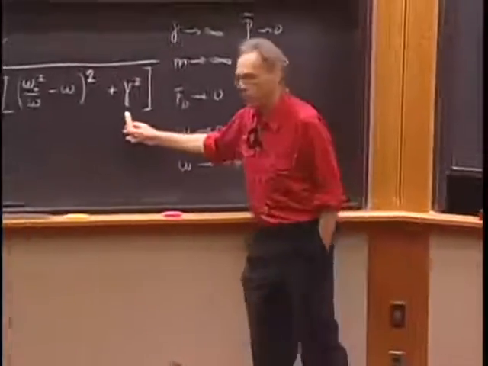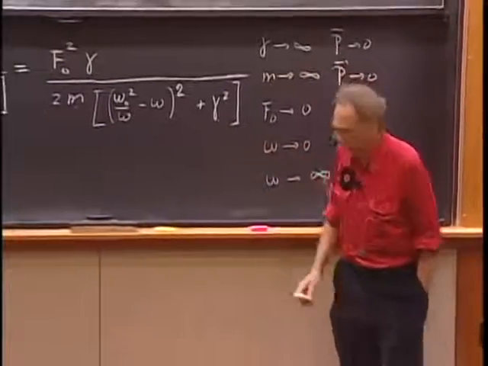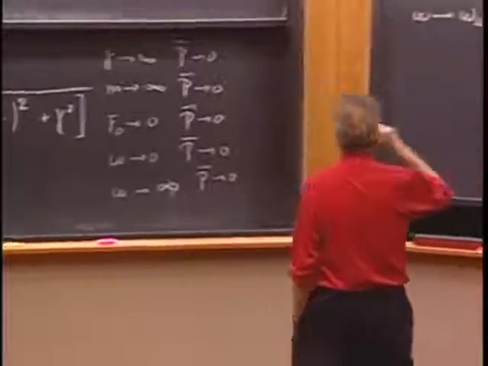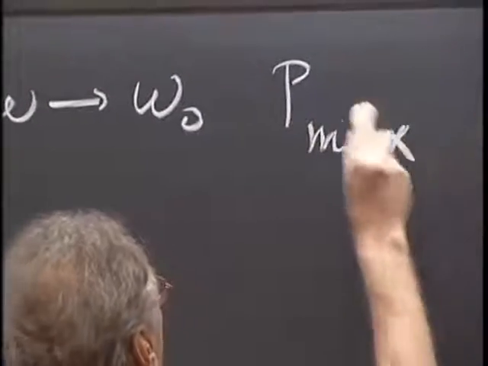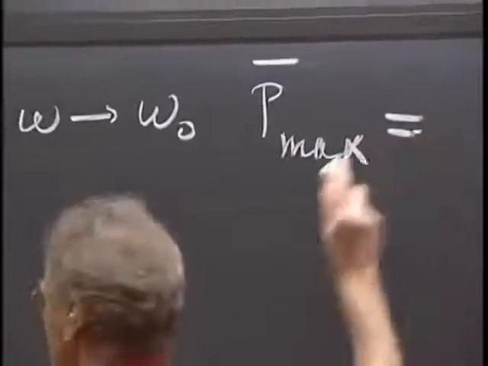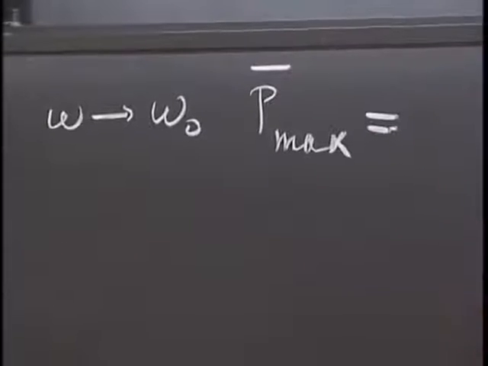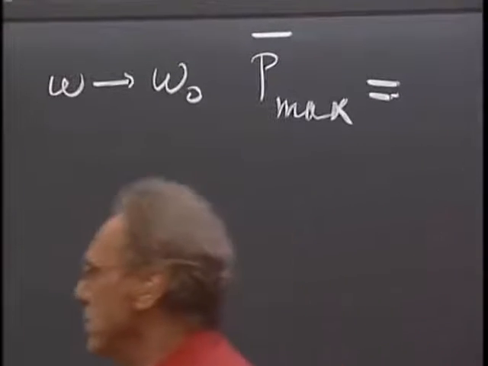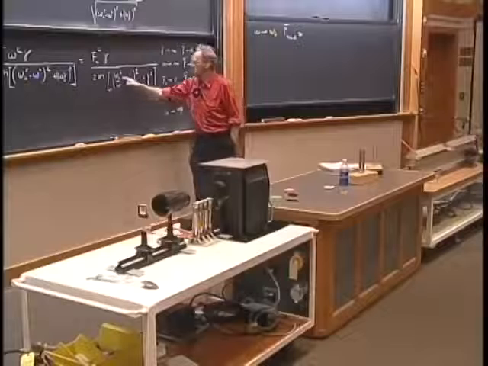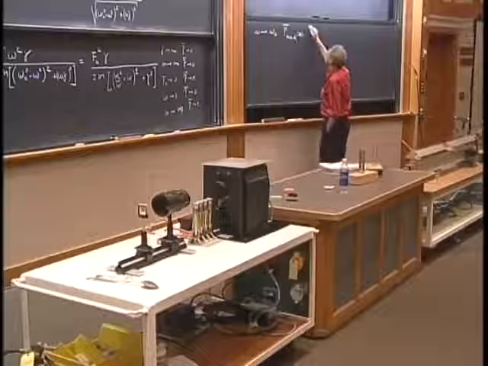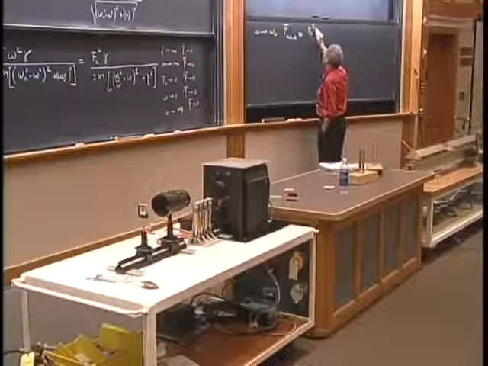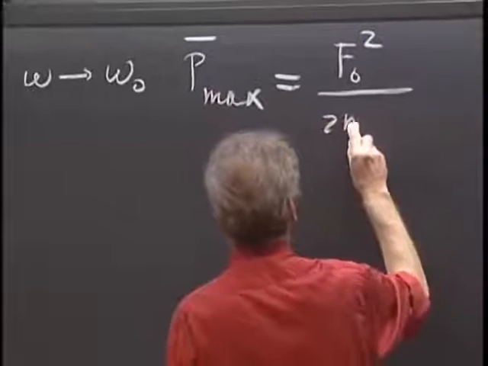Because it's independent of gamma, right, my omega. And when omega equals omega 0, we reach the maximum value for power. We can never go any higher. It's exactly at omega 0. And this is 0. You lose one gamma, and so you find that this value then becomes f0 squared divided by 2m gamma.